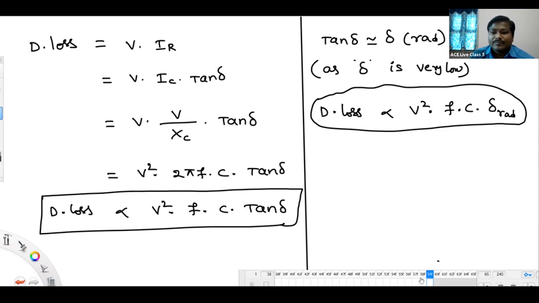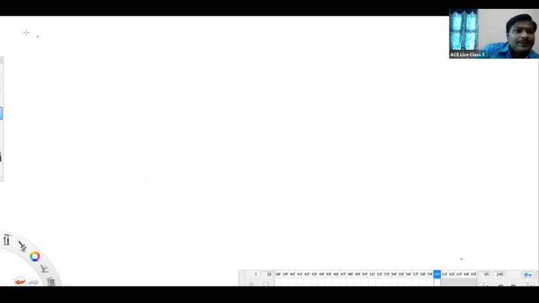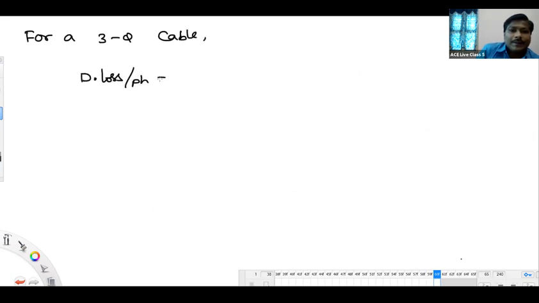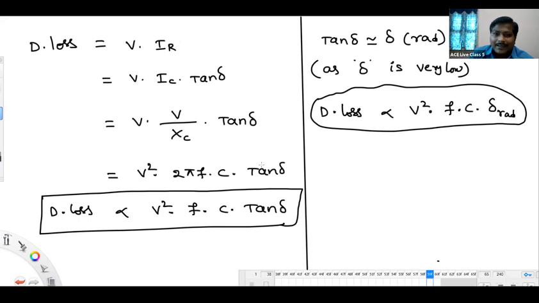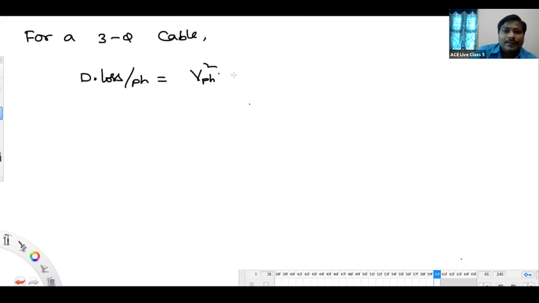Next thing. For example, for a three-phase cable, first write the dielectric loss per phase. It will be the phase voltage square, same equation: V phase square into 2 pi f C per phase into tan delta.